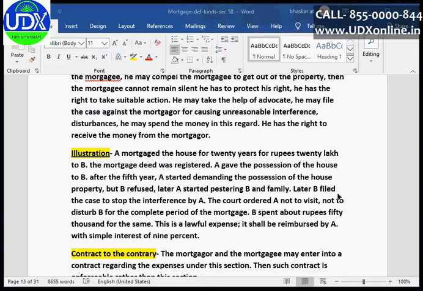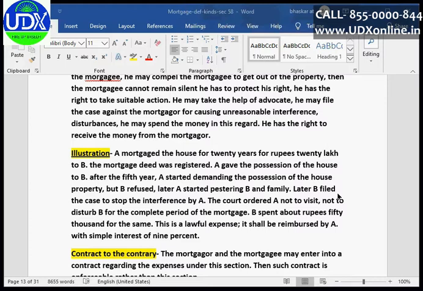They may not continue to create any problems. But there are born troublemongers. They will not keep quiet. And then the advocate has to file the case in the court of law and call upon that mortgager to the court.